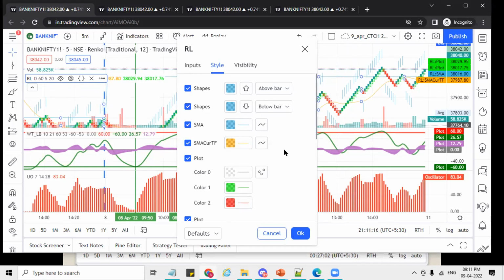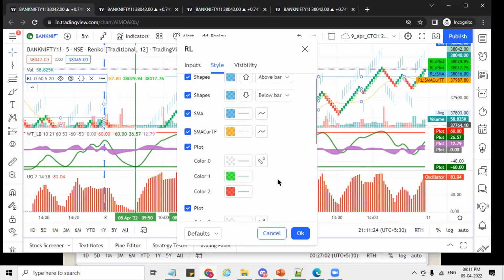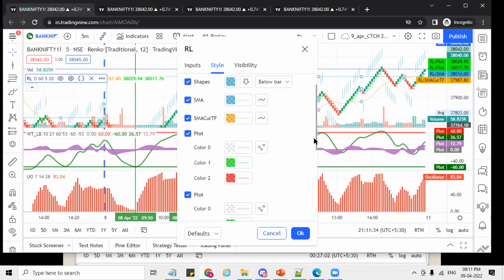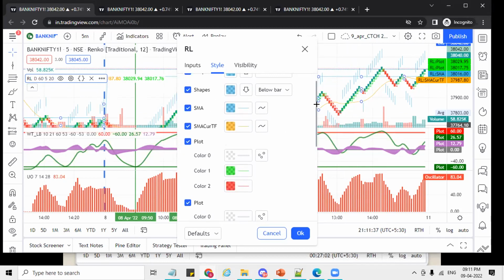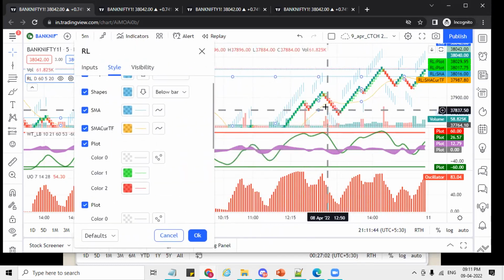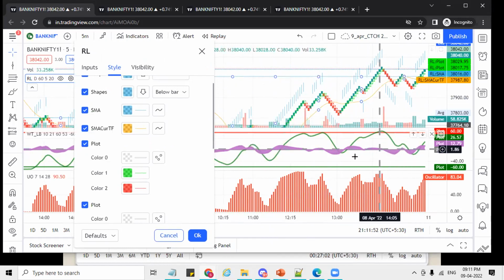This is just to beautify the chart and get into a comfort zone, to visualize and decode the data as quickly as you wish. SMA lines and various other colors are there. This yellow color you can see here is the 20 SMA, and here we can see the SMA level 5 converting down.